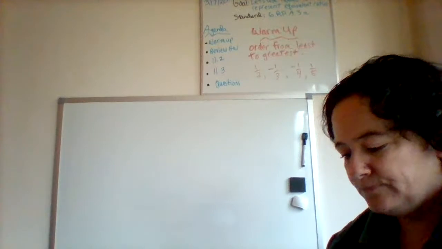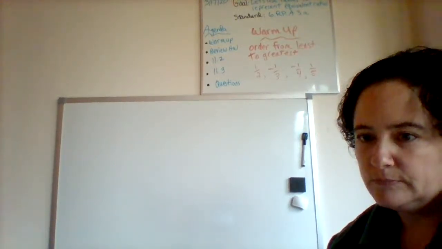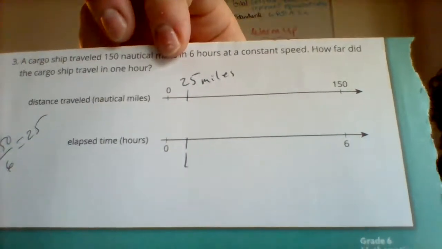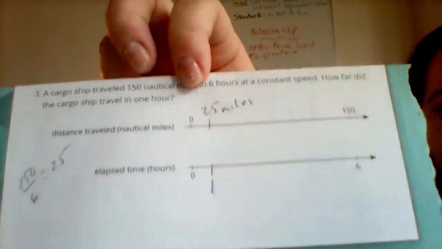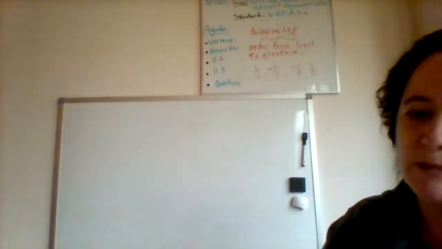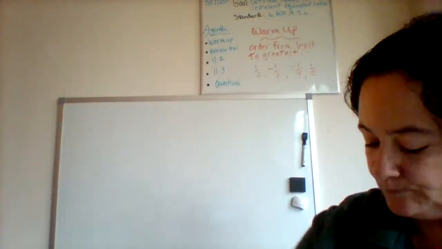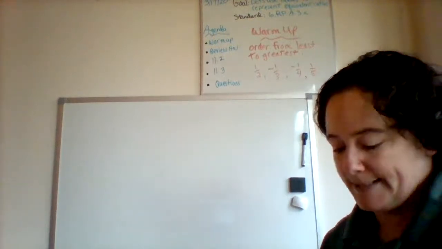What did you guys get? That's right, 25. All the way on the side, they put the 150. So in order to get from 6 to 1, you divide by 6, right? Or you can ask yourself, what do I multiply 1 by to get to 6?